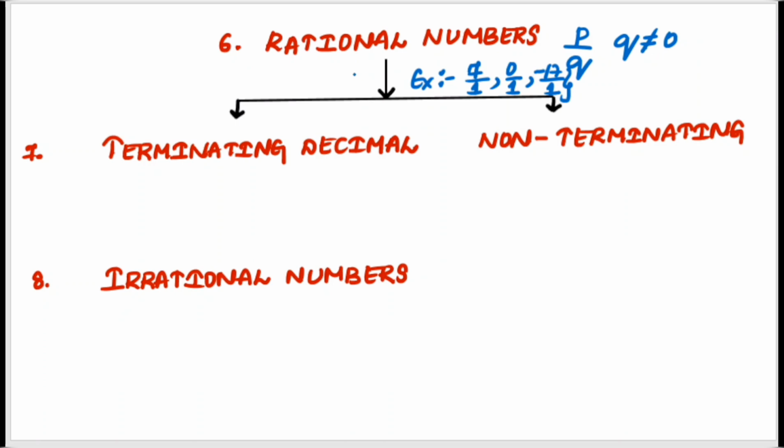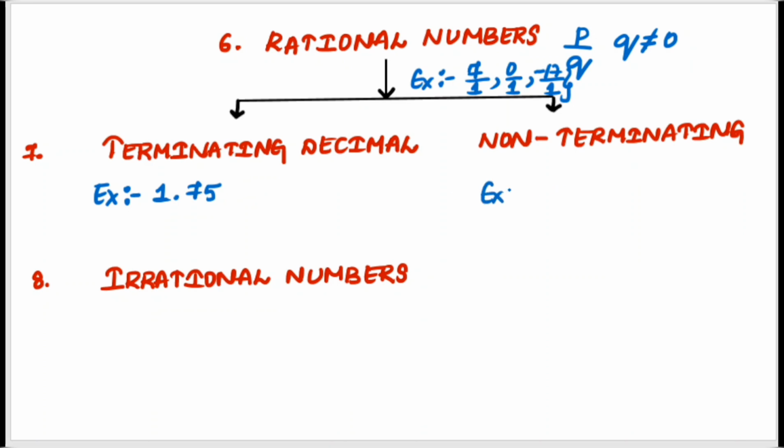Now, under rational numbers, we have two types, that is terminating decimal and non-terminating decimal. What does terminating decimal mean? It is also a rational number of the form p by q, but with an example I'll make it clear. In a terminating decimal, the digits will not reoccur, and you will get to know the difference.